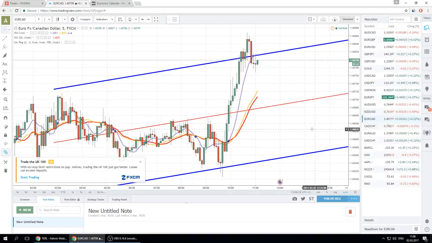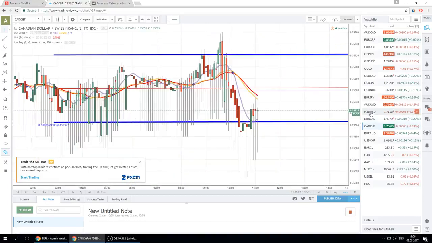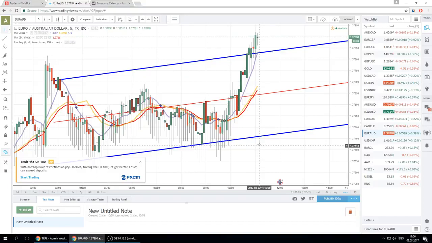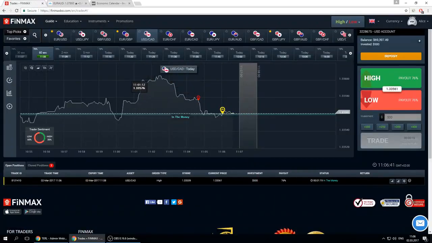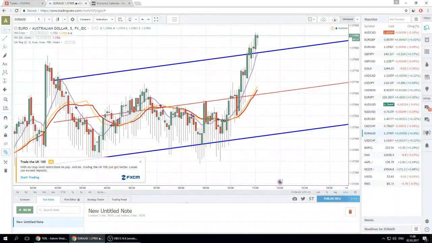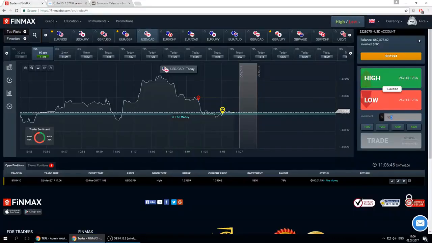For today, I'm planning to open a couple of short-term trades and afterwards to open a couple of trades for the longer period that will expire probably at 4 p.m. Well, we will prepare for the third stop.